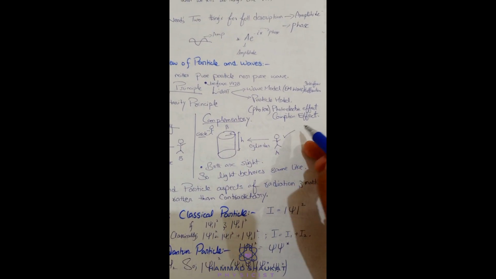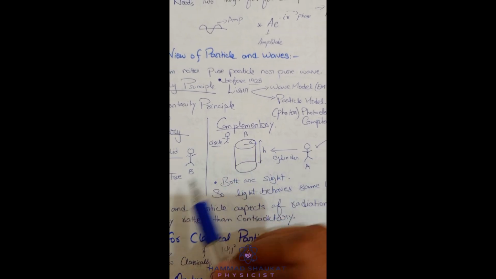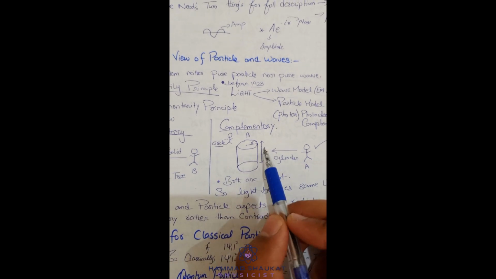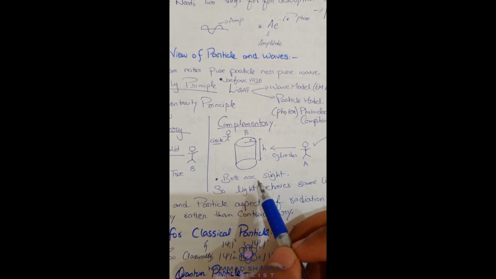Yes, we are seeing this cylinder has a height h, this person is telling us correctly. But the other person says the circle has a radius of r.